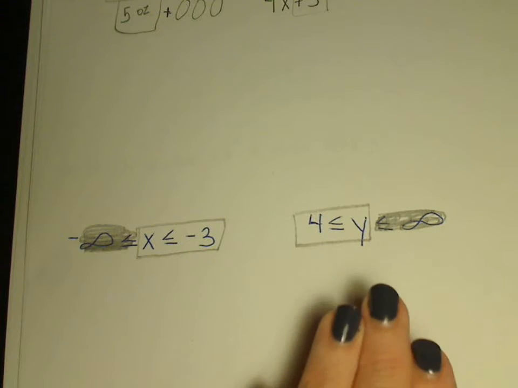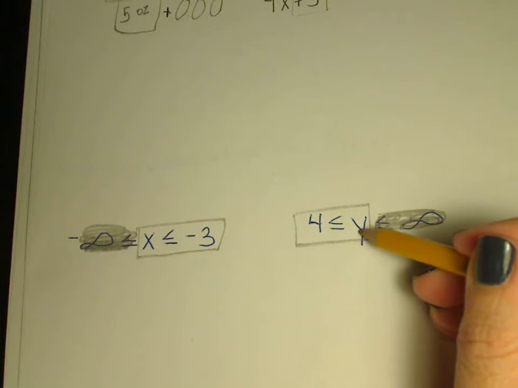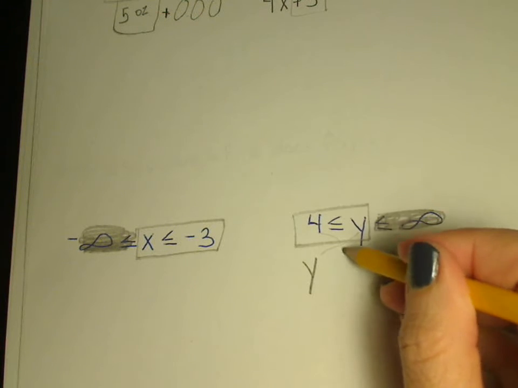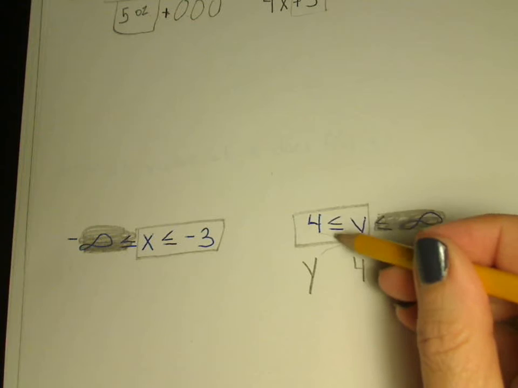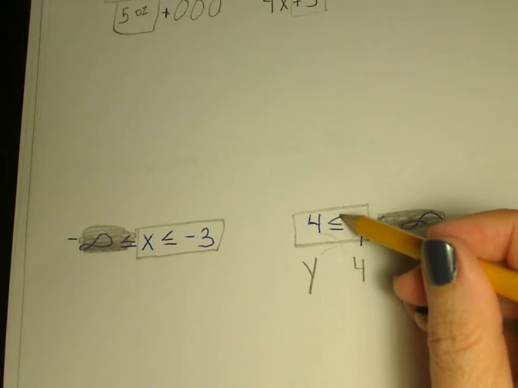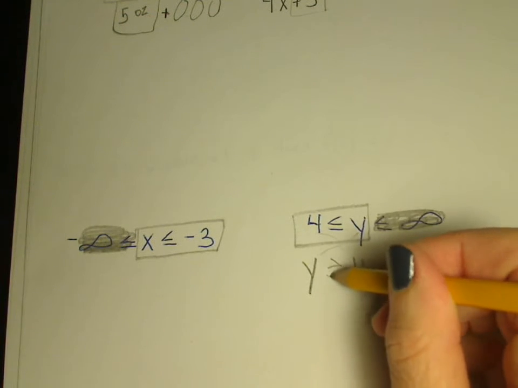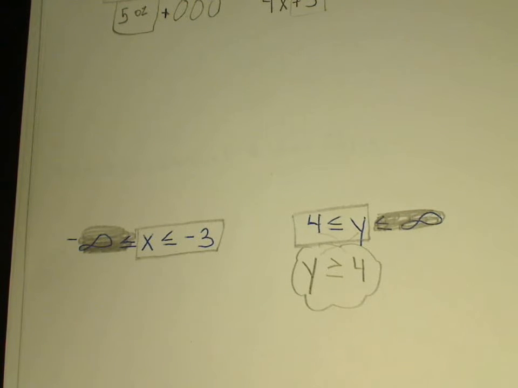So I'm going to take this and flip it all over. So I'm going to move the y to the front, the 4 to the back, and then I need to reverse this sign because it needs to always point at the 4 and open to the y. This is what our answer would look like on the graph.